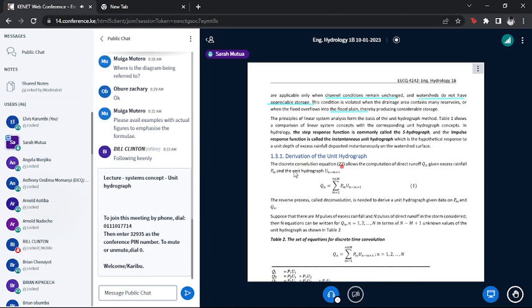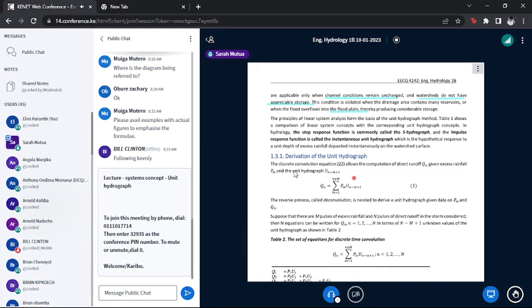The step response function is usually called the S hydrograph. The impulse response function is called the instantaneous unit hydrograph, which is the hypothetical response to a unit depth of excess rainfall deposited instantaneously on the watershed. So we have two here, the S hydrograph and the instantaneous unit hydrograph.